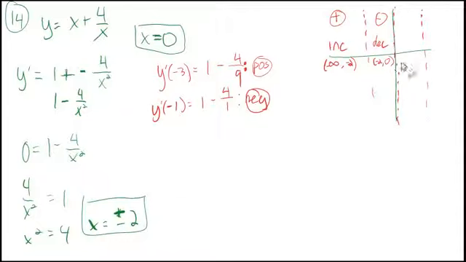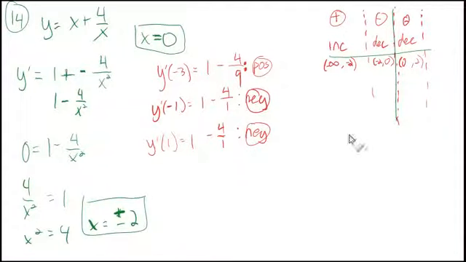Let's go to positive 1. Y prime of positive 1 equals 1 minus 4 over 1 again. So this is again negative. It's decreasing from 0 to 2.